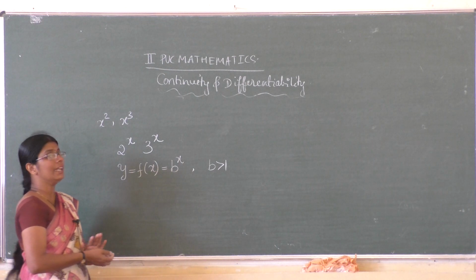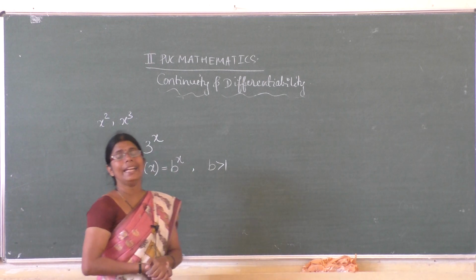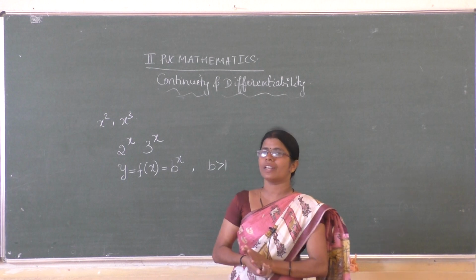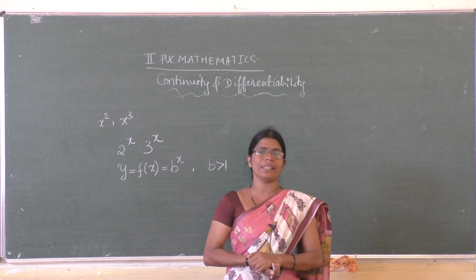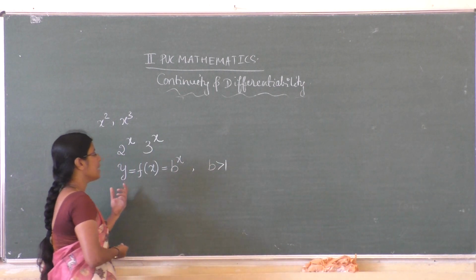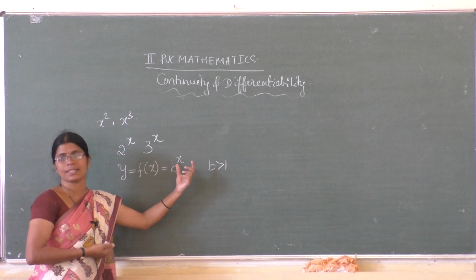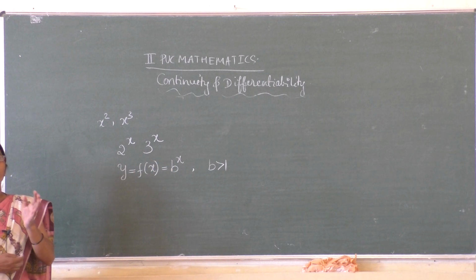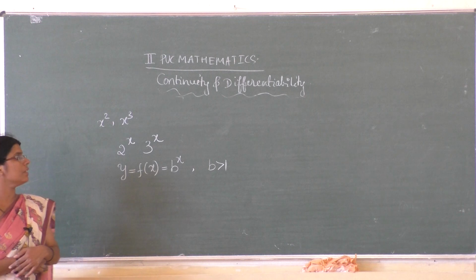When you are considering the exponential function, it always satisfies some conditions, or there are some properties for this particular exponential function. See, b to the power x. Whenever we define a function, we have to consider the domain and range of this particular function.